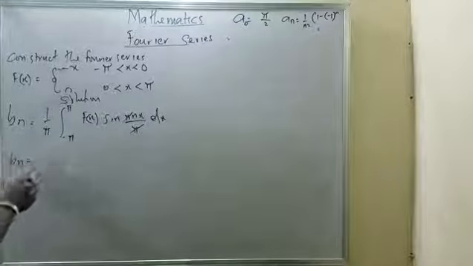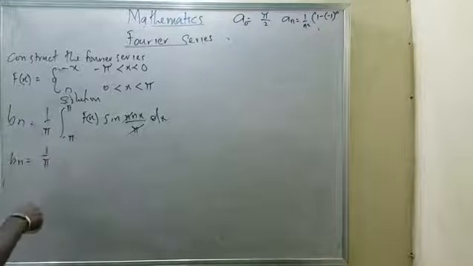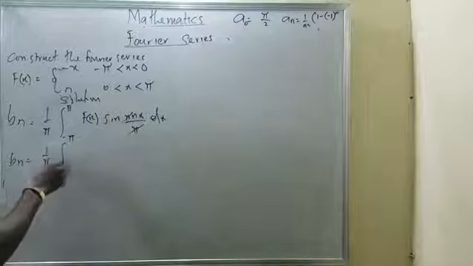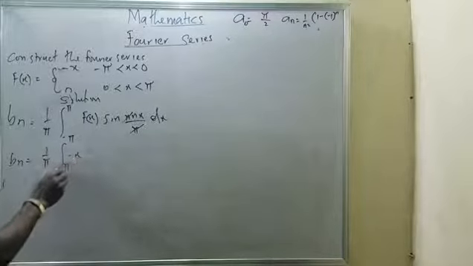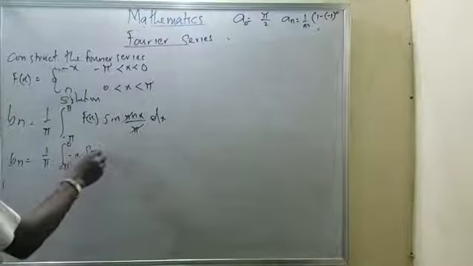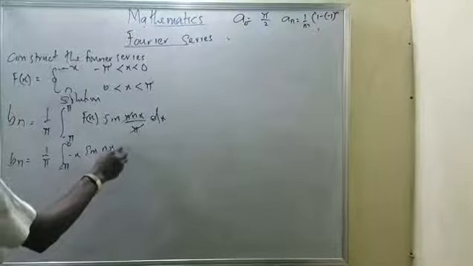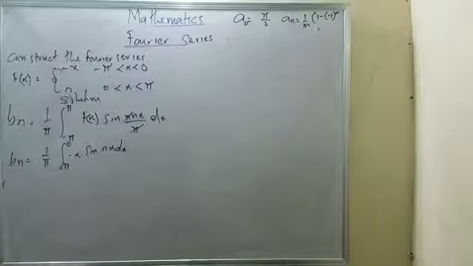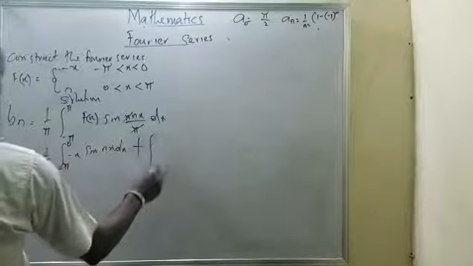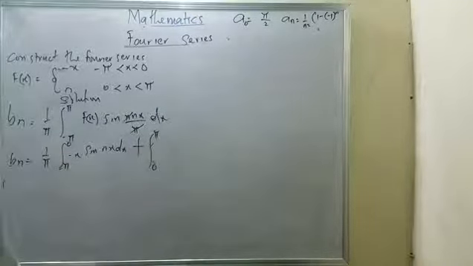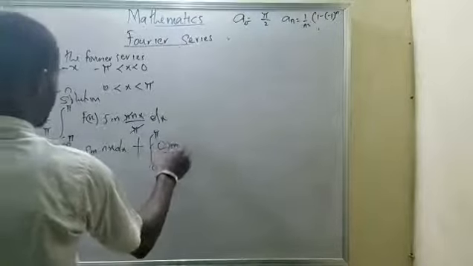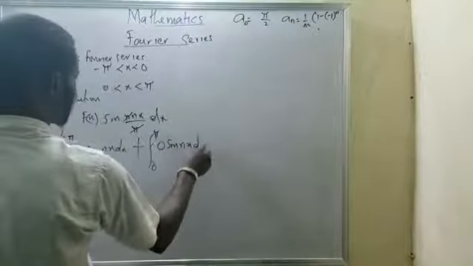b of n equals 1 all over pi integral of minus x from minus pi to 0, which is my function, sine nx dx, and also plus integral running from 0 to pi of 0 times sine nx dx.